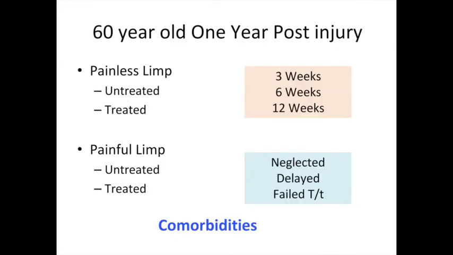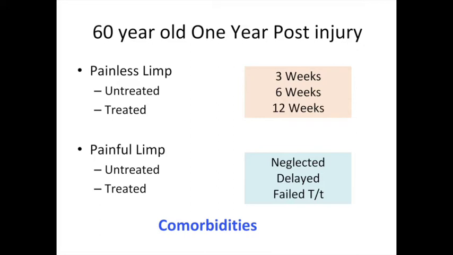So to summarize these multiple types of scenarios which can happen with a malunited trochanteric fracture, it could be an old age patient. I am trying to emphasize that there might be a bimodal distribution. I am not talking about pediatric fractures, which can occur in the pediatric age group also, but we are discussing adult patients right now.